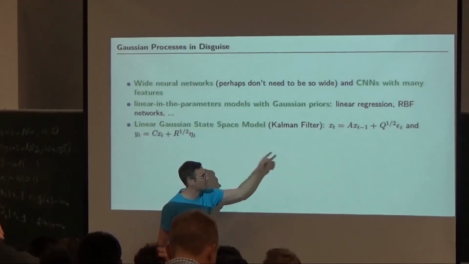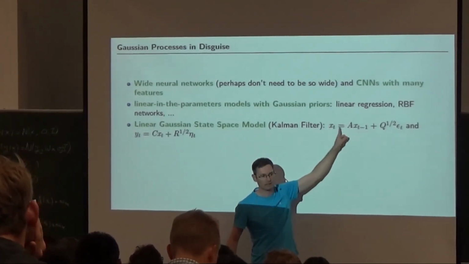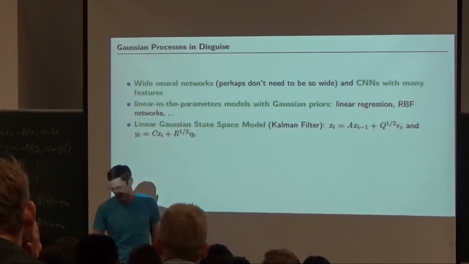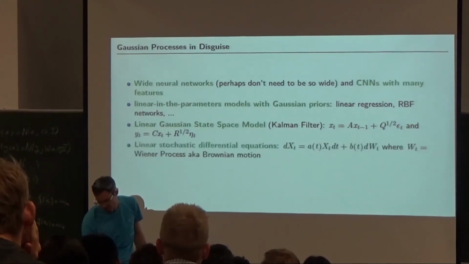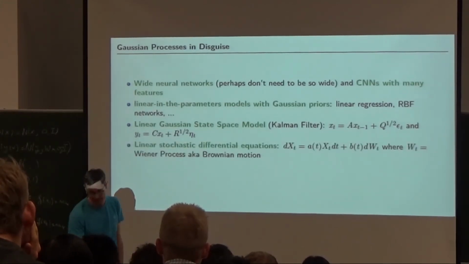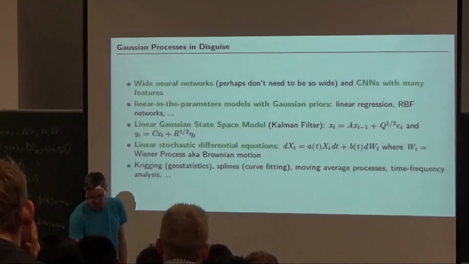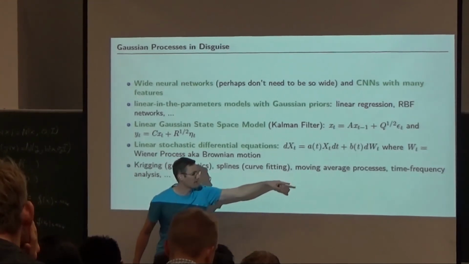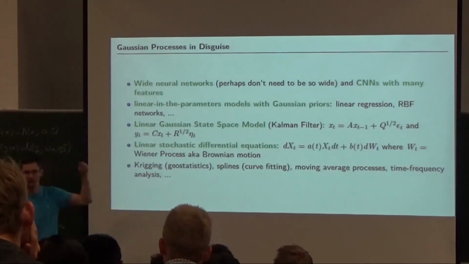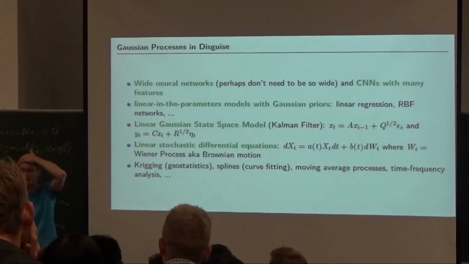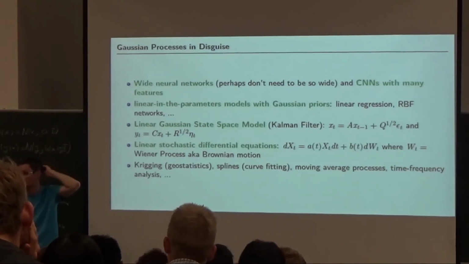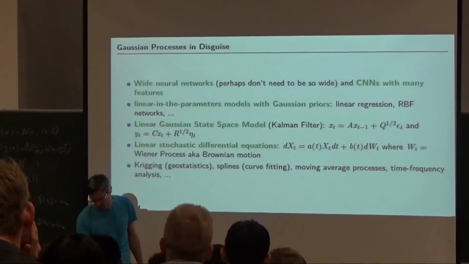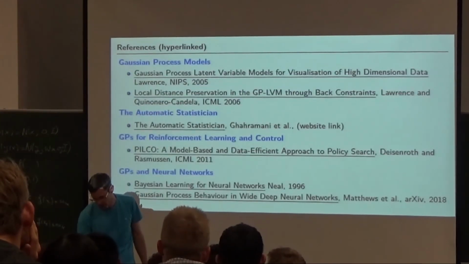It defines a Gaussian process, a big multivariate joint Gaussian distribution over observations and the latent state, which have a covariance function attached. As we talked about in the last lecture, linear stochastic differential equations are also Gaussian processes. And other methods like kriging, splines, moving average processes, even time frequency analysis, could all be interpreted as essentially doing inference in Gaussian process models. So they are all over the place in disguise, although they may have different names. That's one of the reasons why I think they're important.